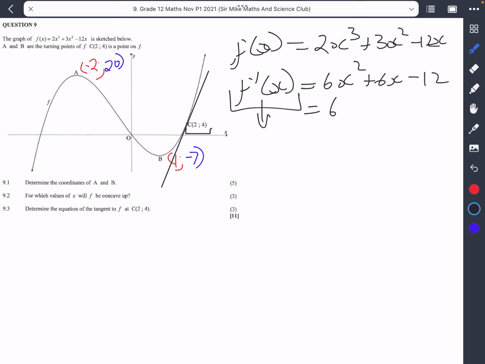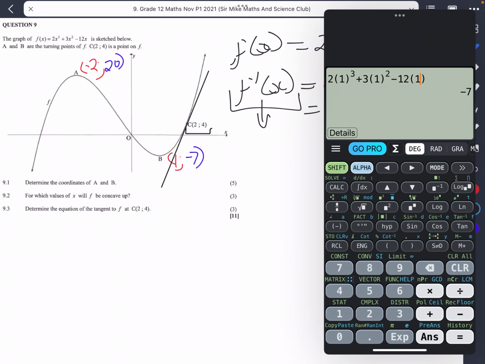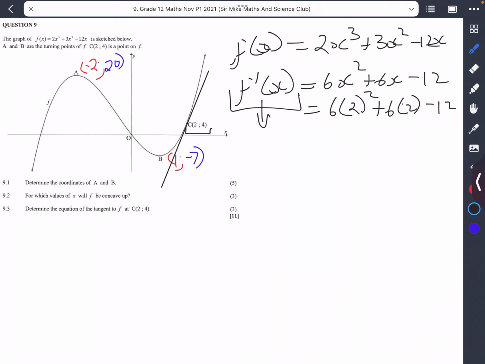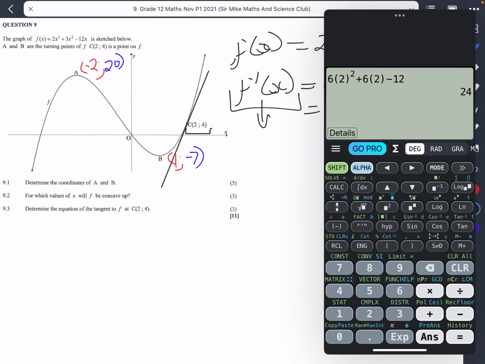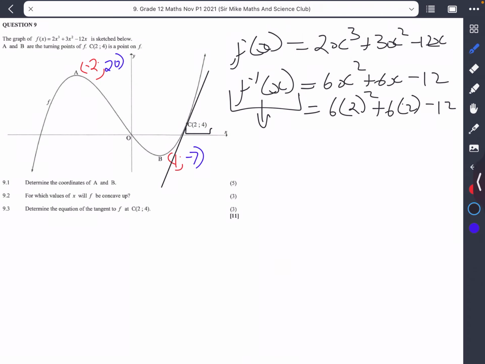So this would be 6 multiplied by 2 squared plus 6 multiplied by 2 minus 12. Let me just take out the calculator. We have 6 multiplied by 2 squared plus 6 multiplied by 2 minus 12, so we actually have a gradient of 24.